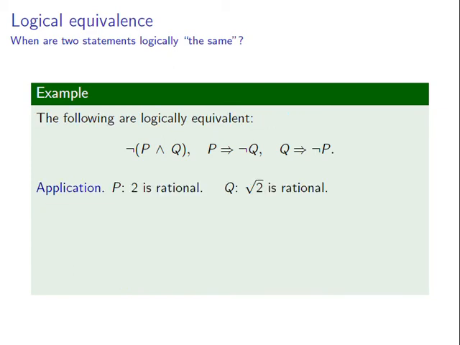To illustrate, suppose that P is the proposition 2 is rational and Q is the proposition the square root of 2 is rational.